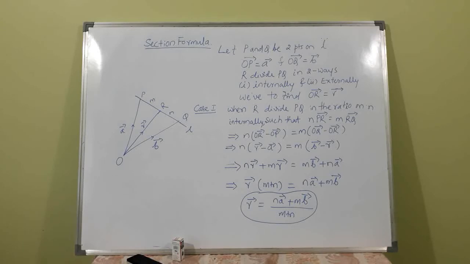OR is R, OP is A, OQ is B. Substitute that and simplify, rearranging the terms with R and terms with A and B. You will get the same result as you obtained in the earlier cases. Vector R or OR is equal to (nA plus mB) divided by (m plus n). This is internal division.